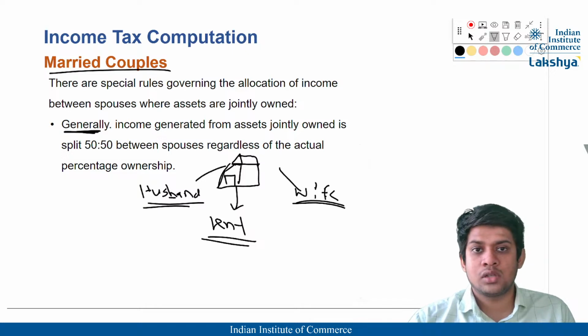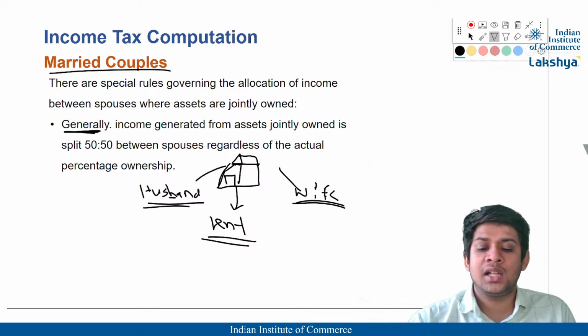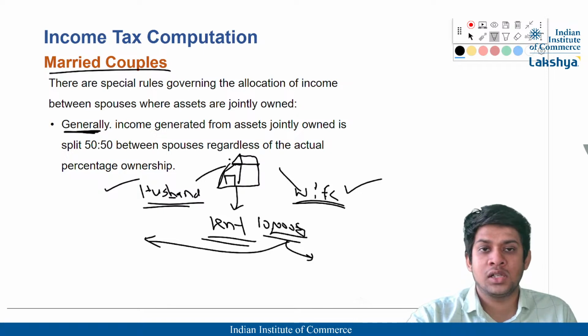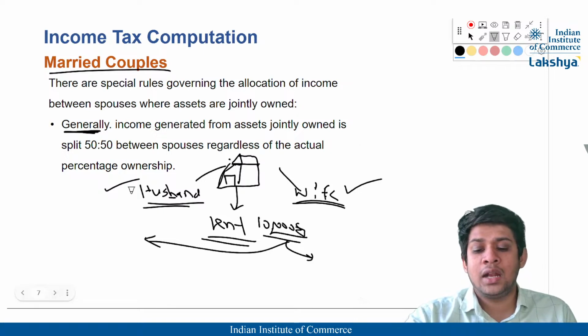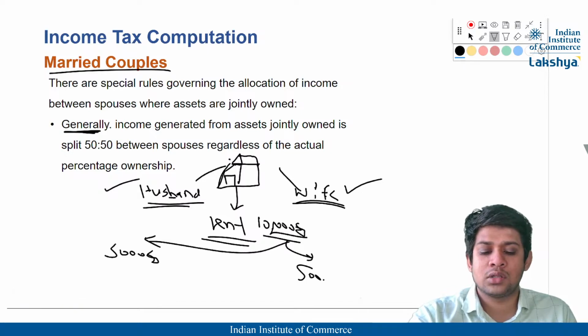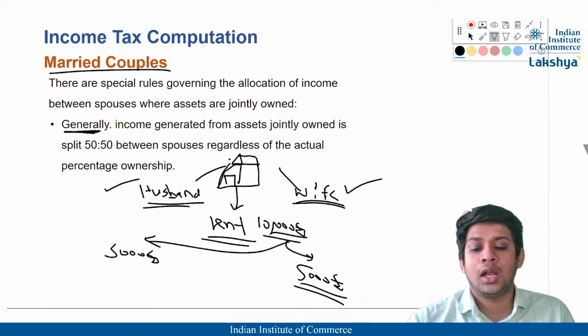That was an additional house that is given out on rent. The rent that they are receiving is 10,000 pounds. Okay. So technically it goes 50-50 if they are jointly owned, right? 50% wife has the ownership and 50% husband has the ownership. So technically both the spouses, 5,000 rent will be taxable because it is their income, right?